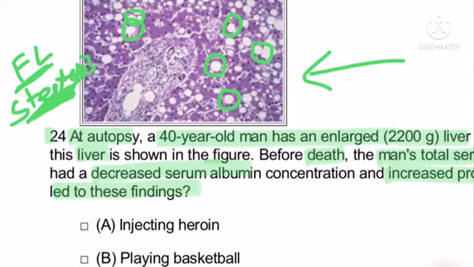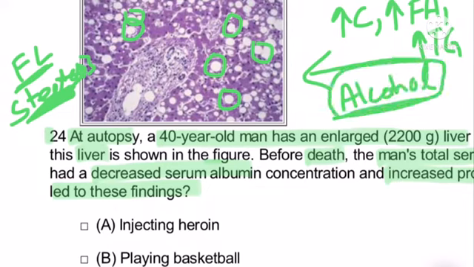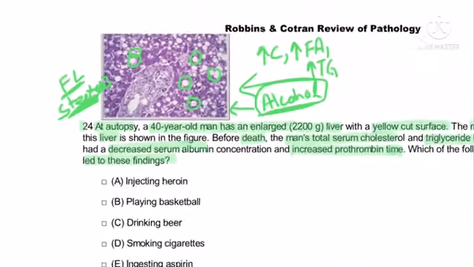So what are the causes? High level of cholesterol, high level of fatty acid, high level of triglyceride, and alcohol intake. Alcohol intake is also a reason for development of fatty liver, or fatty change, or steatosis.